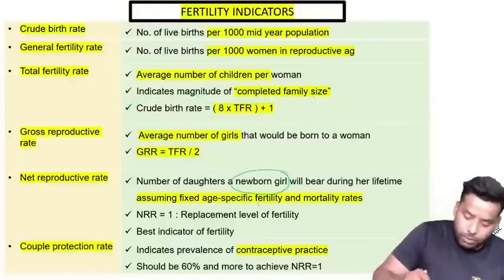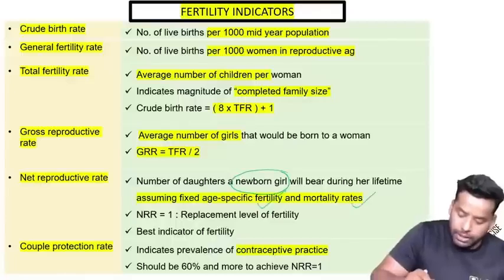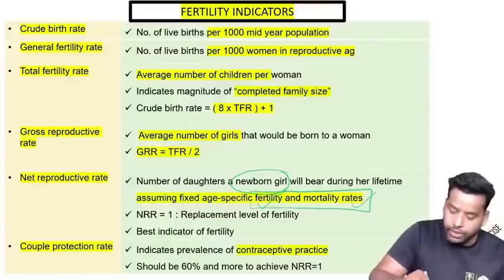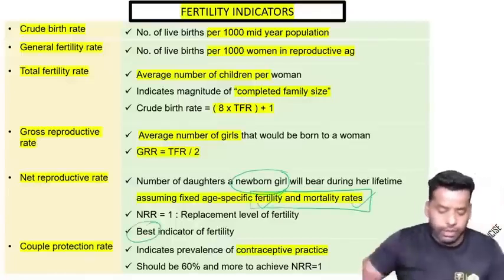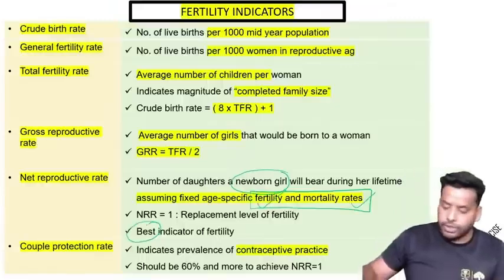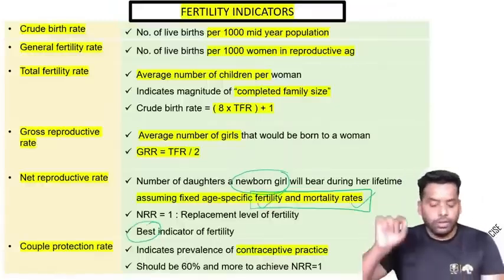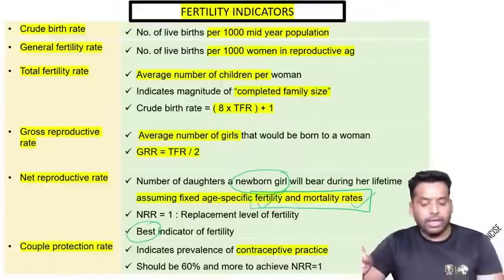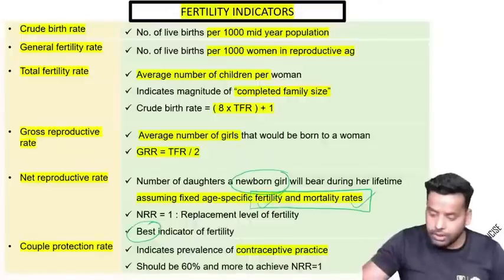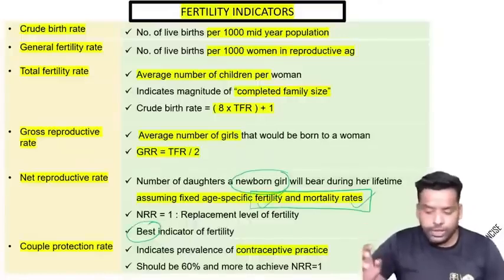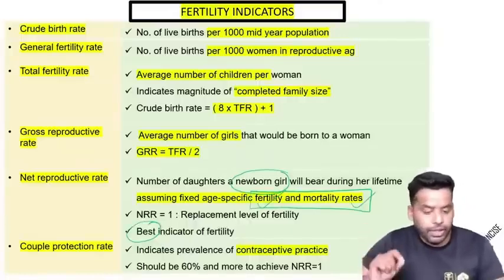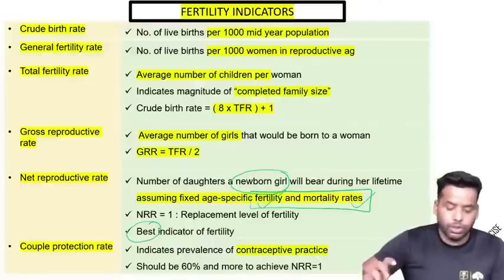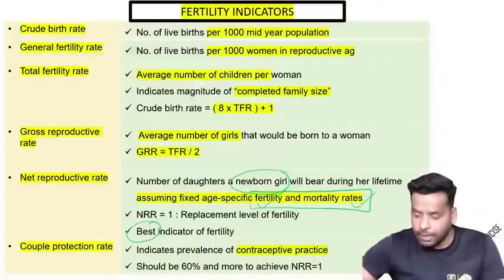Net reproductive rate means how many daughters a newborn will have in the future. We have to count both fertility and mortality pattern. That is why this is the best indicator of fertility. Remember this, which includes both fertility and mortality pattern together. What is your answer? Out of all these indicators, which indicator includes both fertility and mortality pattern together?